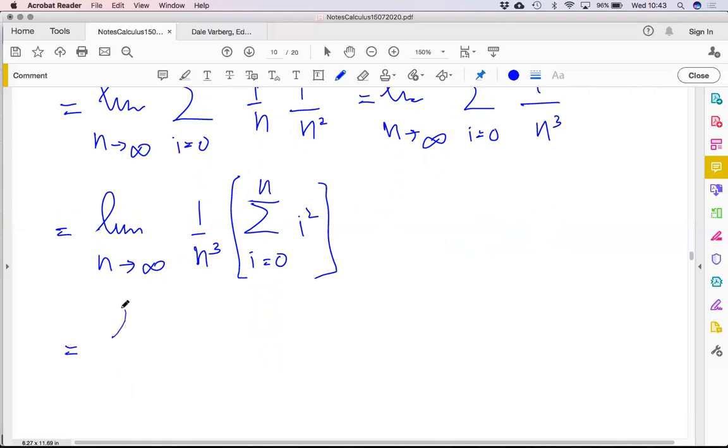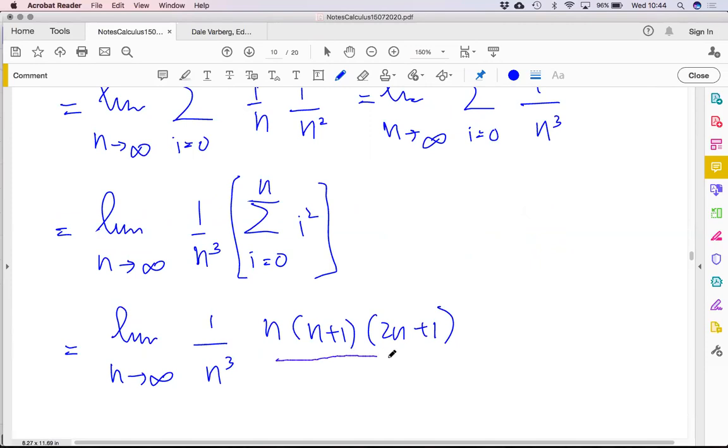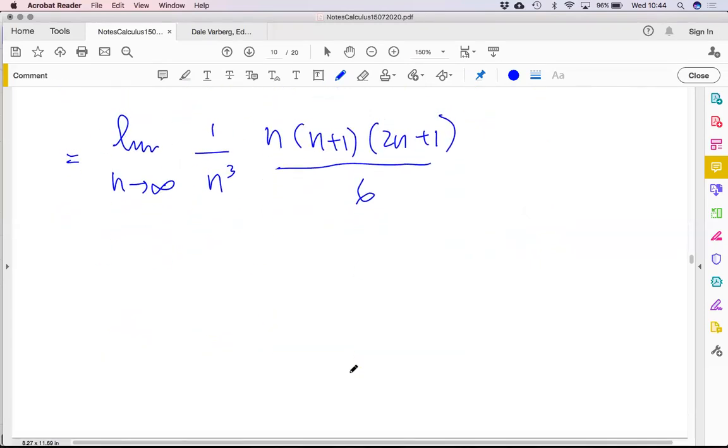special sum. This is nothing but the limit as n goes to infinity of 1 over n cubed, and this is n plus 1, 2n plus 1, divided by 6. So it leaves us with the limit problem as n goes to infinity that you already know before.